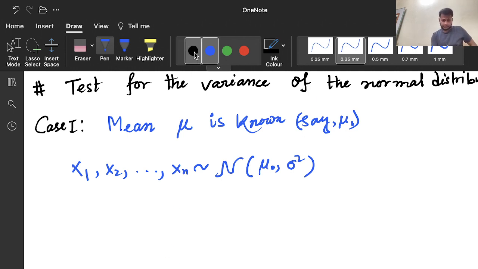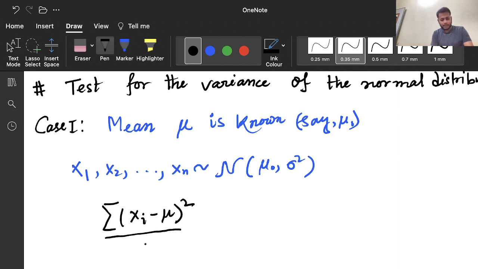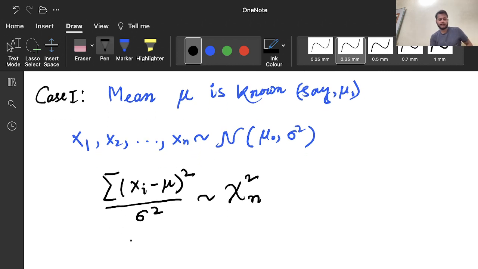If so, the sum of (xi minus mu)^2 divided by sigma square should follow a chi-square distribution with n degrees of freedom.